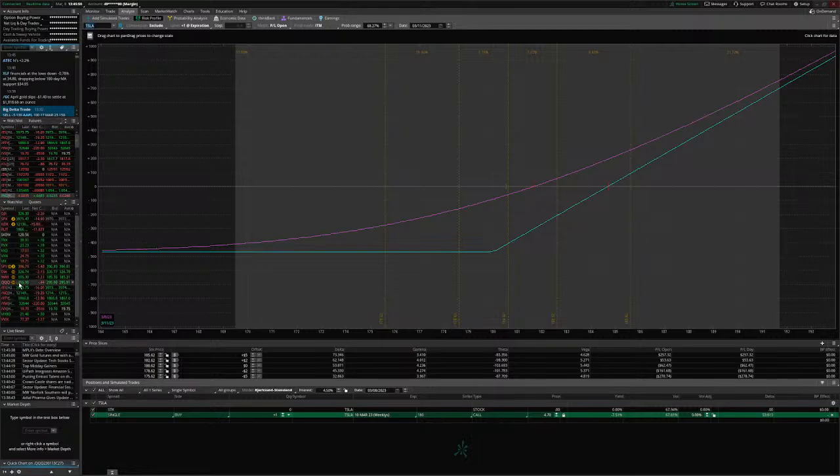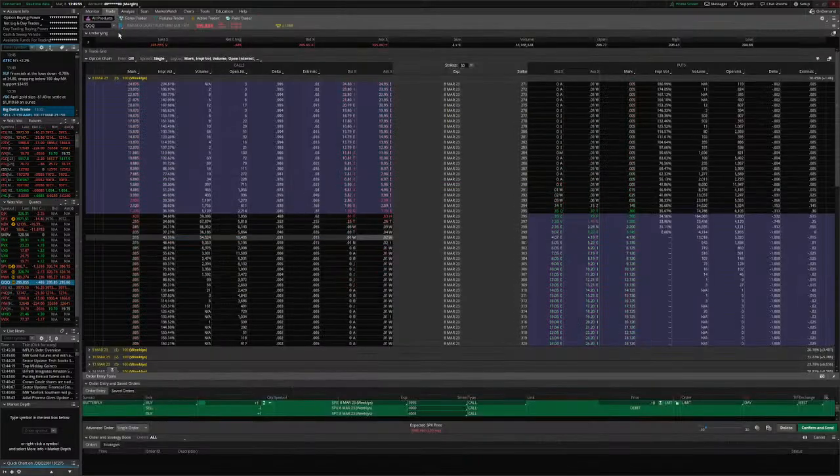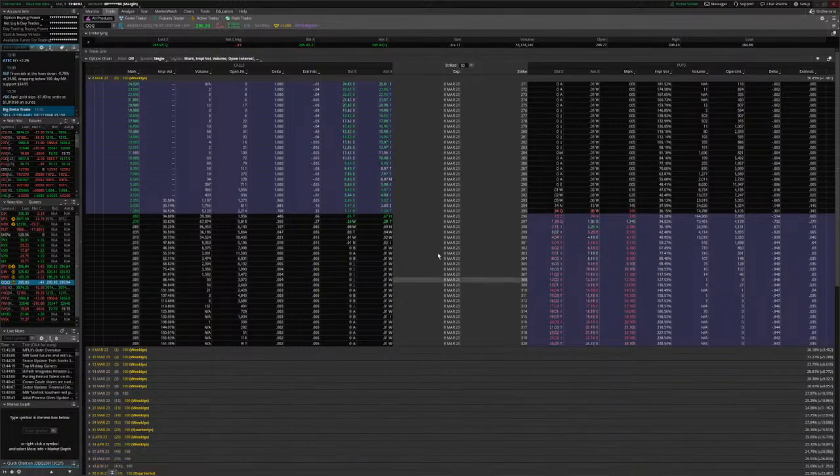I don't have any positions in QQQ, so let's take a look at QQQ. Take a look at an options chain here, and this is today. So here, for example, you're spending a lot less. You're risking a lot less.